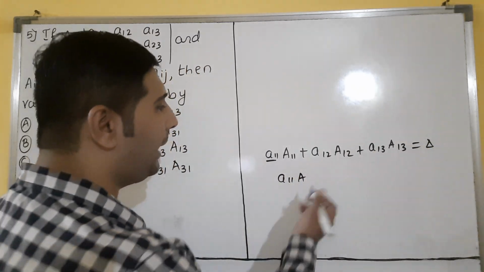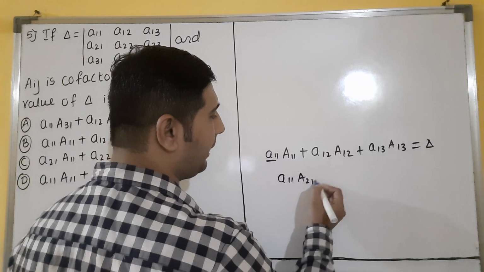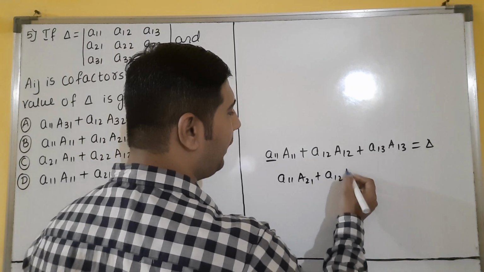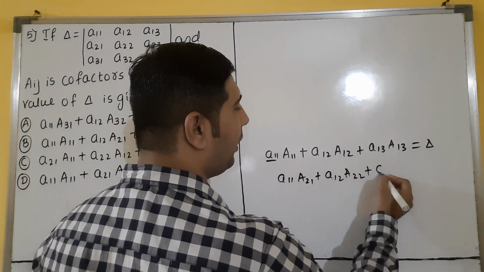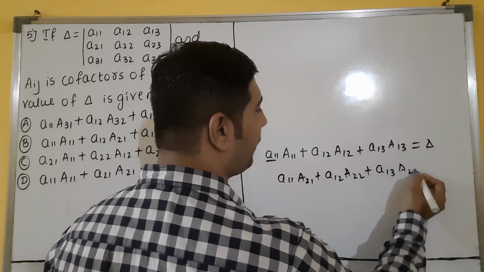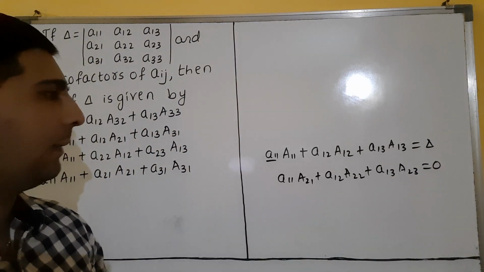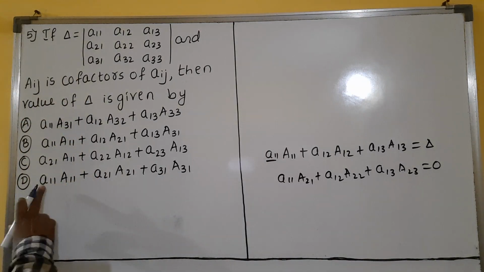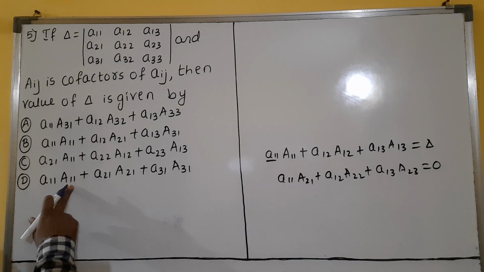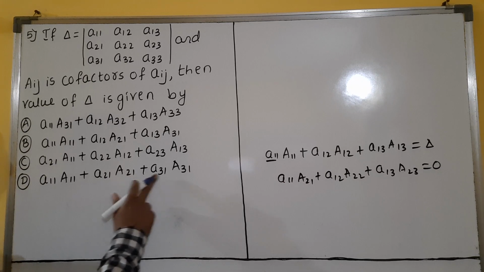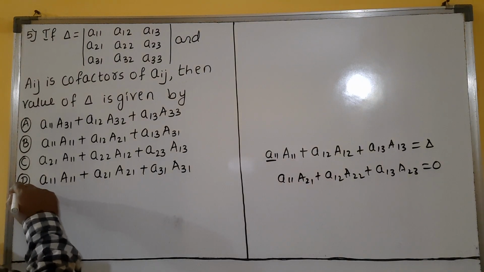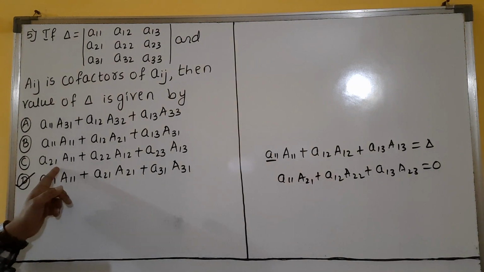If it is different, it will not give the answer, dear students. That will become 0 if it is like this. I am just giving an example for you. This will give 0. So same elements, you can see A11, A21, A31. That's why option D is correct. This will be wrong.